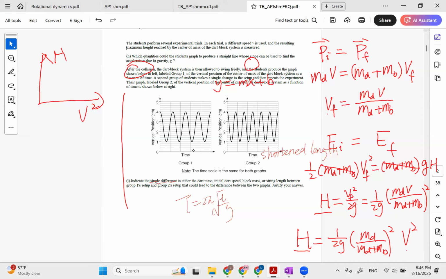The single difference will be, for group 2, a shorter length, right? For group 1, the length of the string must be longer. Does it make sense?